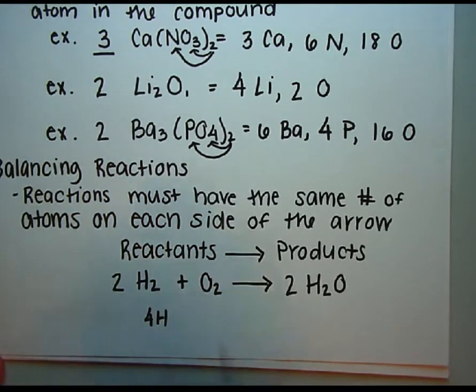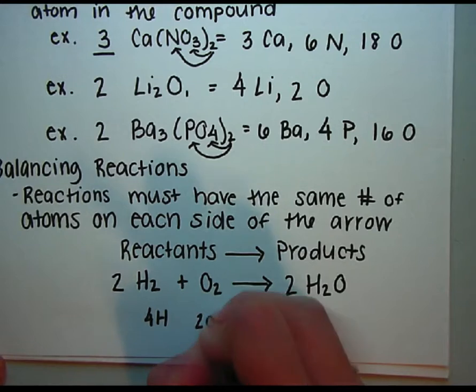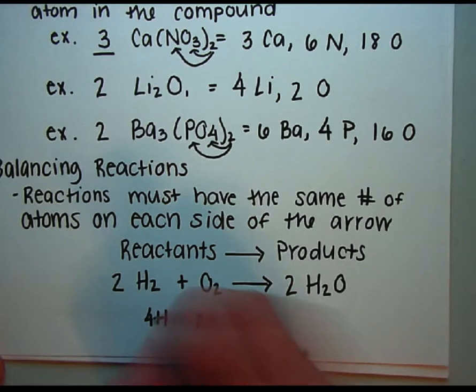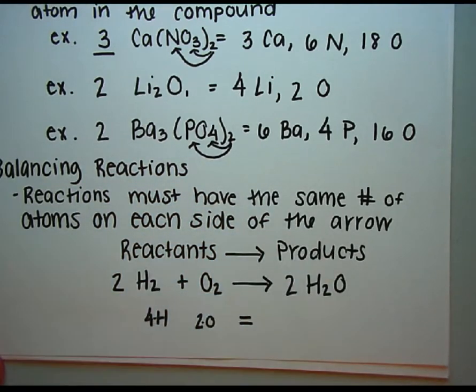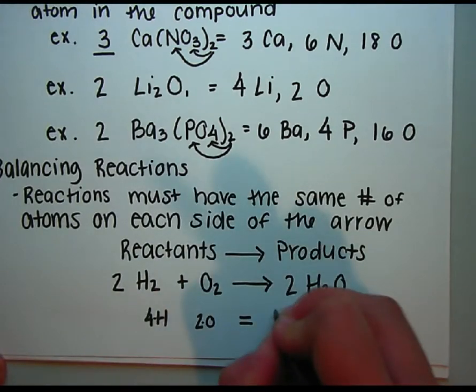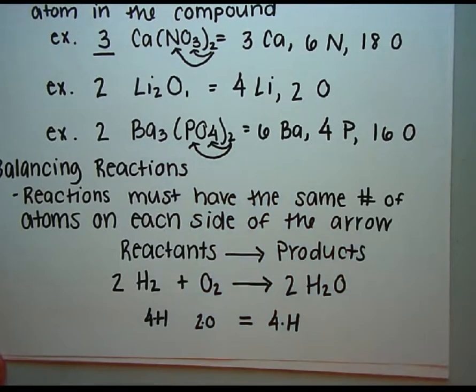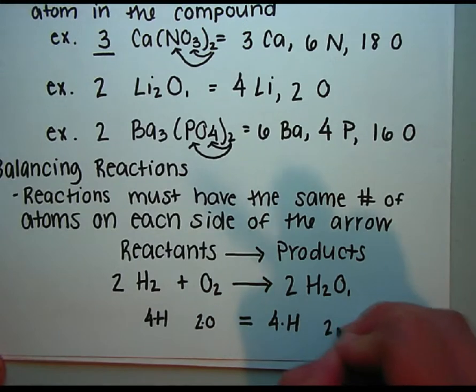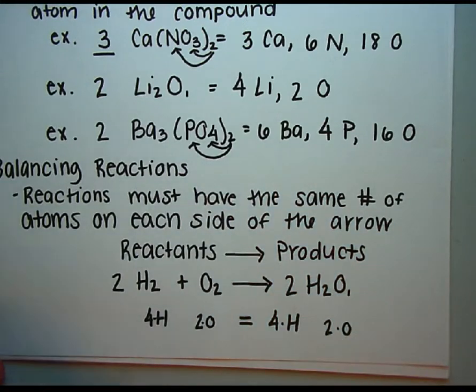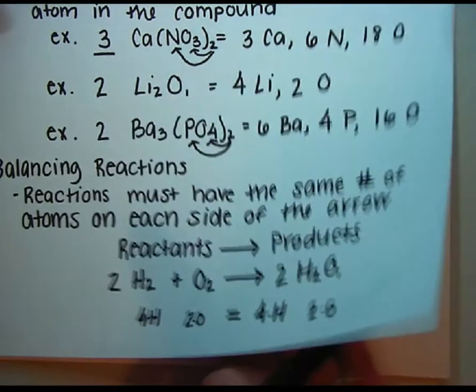The subscript tells me I have 2 oxygens. The number of atoms on the left side of the arrow must be equal to the number on the right. 2 times 2 gives me 4 hydrogens. 2 times 1 gives me 2 oxygens.